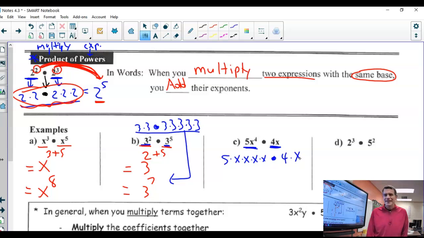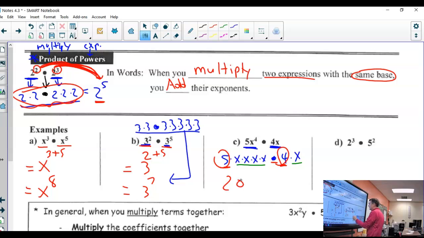So what I really have here is a bunch of x's multiplied together, right? But also, I have a 5 and a 4. So what I can do is I can multiply the 5 and the 4, which is 20.